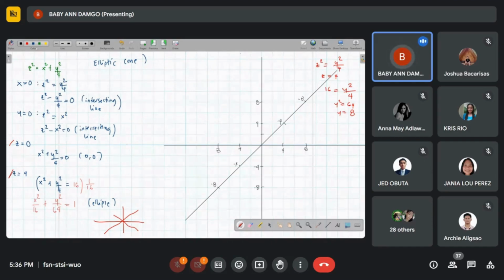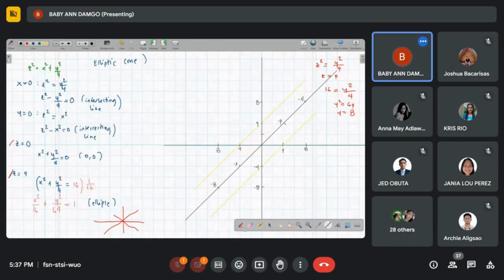Okay? So balik ta, we have for z equals 4, so here we will create an imaginary line. The same with 4 here. We will create also. Okay.